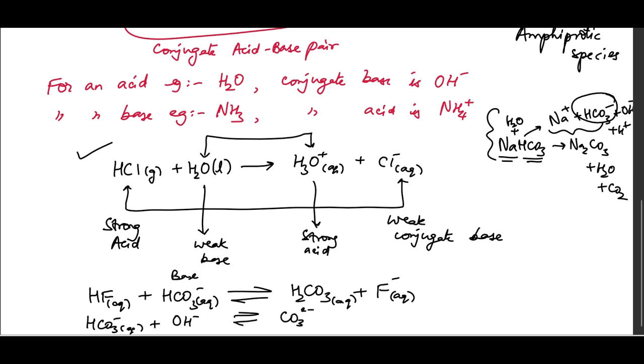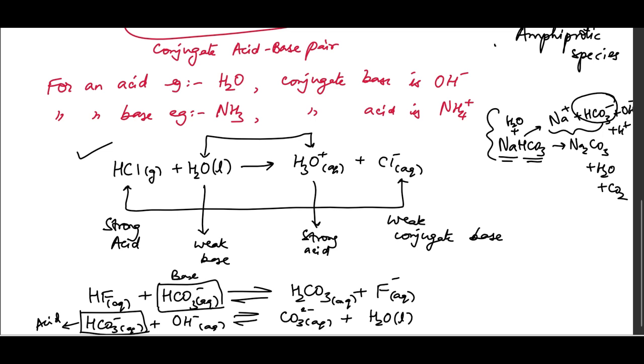From HCO3 minus you are donating a proton, so CO3 2 minus will come. All these are aqueous. Plus, OH minus converts into water. Now here, in the first case, HCO3 minus accepted a proton and became H2CO3 aqueous, so it is a base. In this reaction, HCO3 minus donated a proton and became CO3 2 minus, so this is acting as an acid. So again, this is an amphiprotic species.